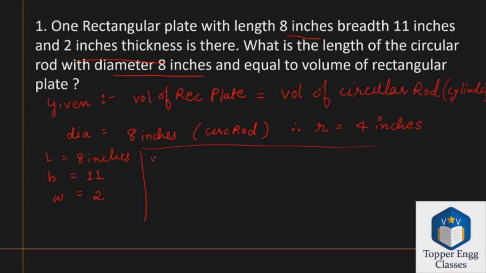The formula for volume of a rectangle is length into breadth into width, and the volume of a cylinder, that is our circular rod, is pi into r squared into length, where r is nothing but radius, and L is length, B is breadth, W is our thickness, that is width.